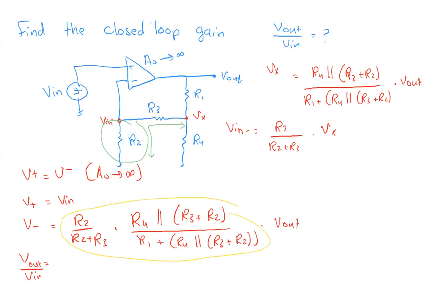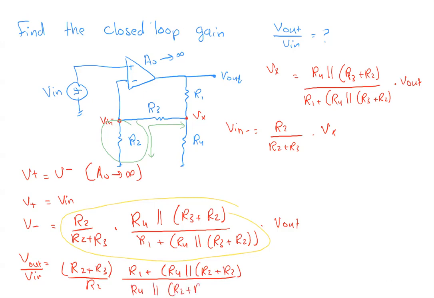So it will be (R2 plus R3) over R2 divided by R1 plus R4 in parallel with (R2 plus R3), divided by R4 in parallel with the R2 plus R3.